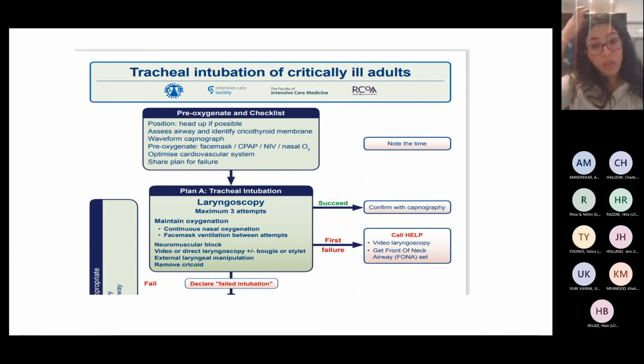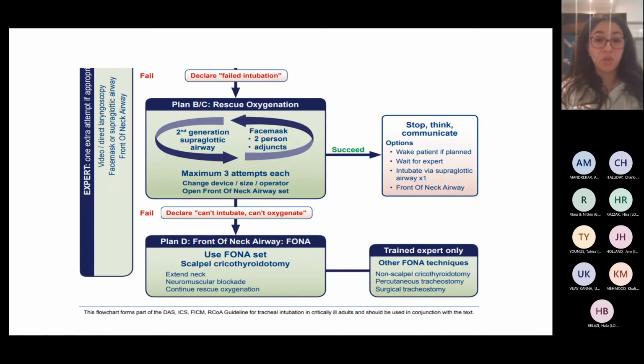Here again is the algorithm for tracheal intubation for critically ill adults according to the Difficult Airway Society. As previously mentioned, we have to pre-oxygenate. Plan A is tracheal intubation. If you fail, you go through plan B and C, which is rescue oxygenation.